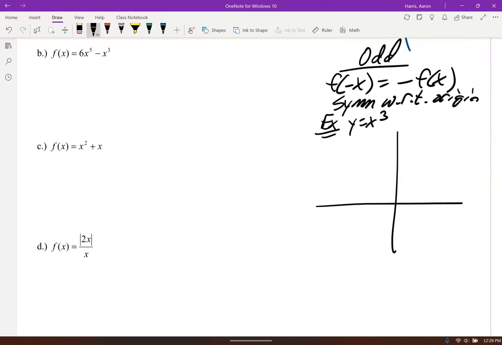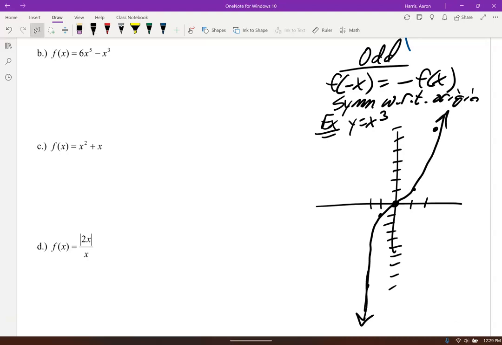If you plot y equals x cubed, oops, I didn't do that very well, but you have the point (2, 8). So if you plug in -2, you get -8. In other words, f of negative x equals negative f of x. That's your test if you're odd.